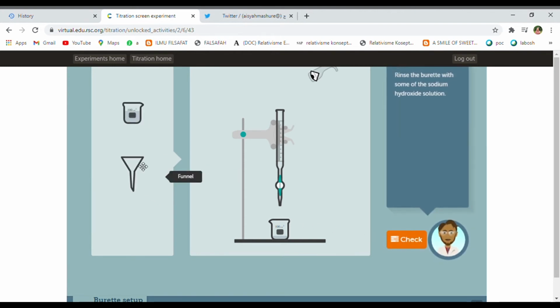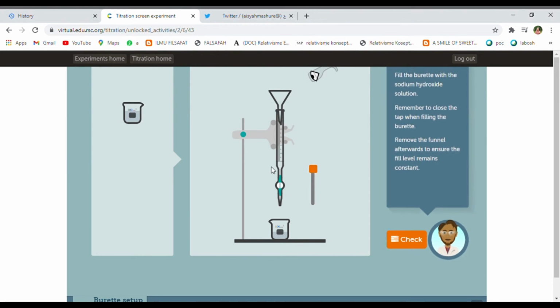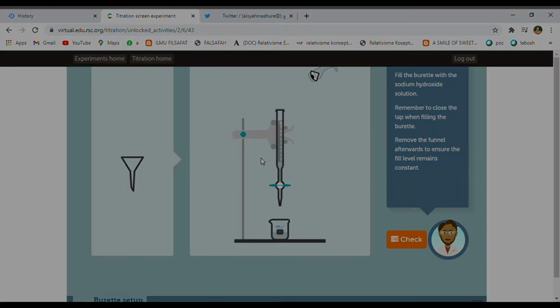Then, rinse the burette with some of the sodium hydroxide solution. Then, fill the burette with sodium hydroxide solution. Remember to close the tap when filling the burette. Remove the funnel afterwards to ensure the fill level remains constant.